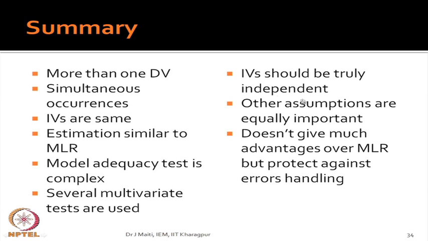IVs should be truly independent. Other assumptions are also equally important. It does not give much advantage over MLR, but protects against error handling. If you go separately for regression, from the estimation point of view no problem, but from the adequacy test point of view there will be a problem if you go for separate MLR.